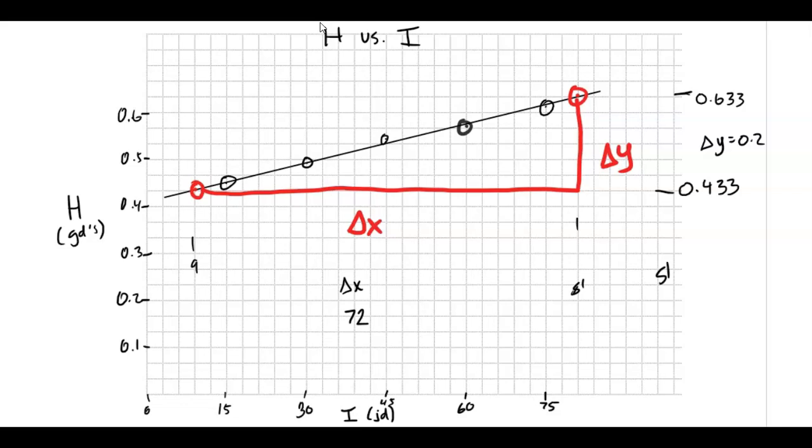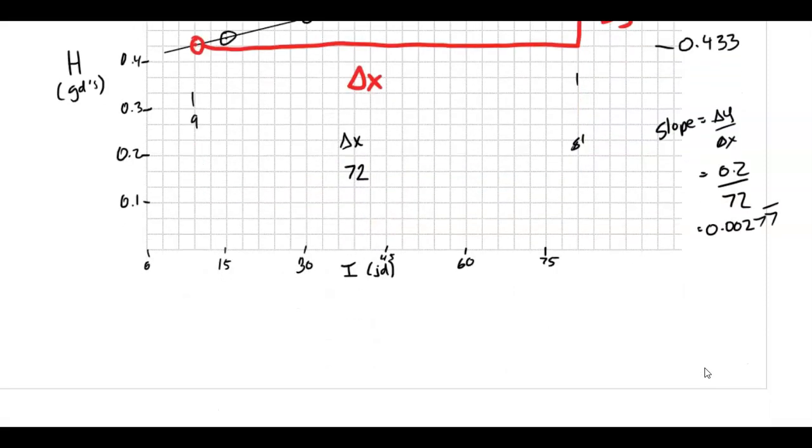And so your slope, which is your change in y over your change in x, your change in y is 0.2 over 72. And when you calculate that, you get a value of 0.00277. And that 77 is repeating.